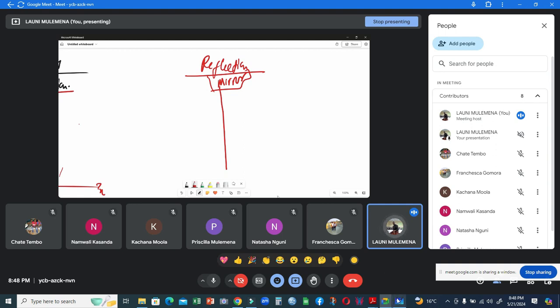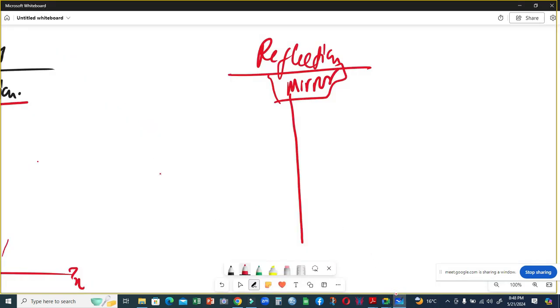Other than a mirror line, let me use a human being as an example, the way we take our mirror. So, for example, if this is us, if this is a person, and guys, this is just an example, so don't laugh at my drawing.